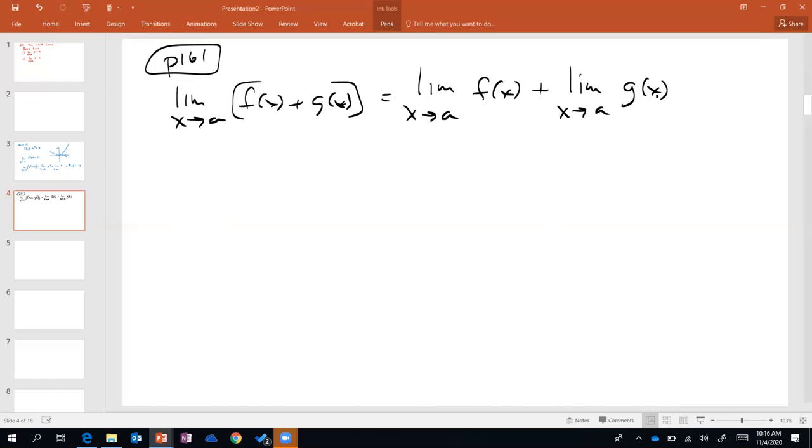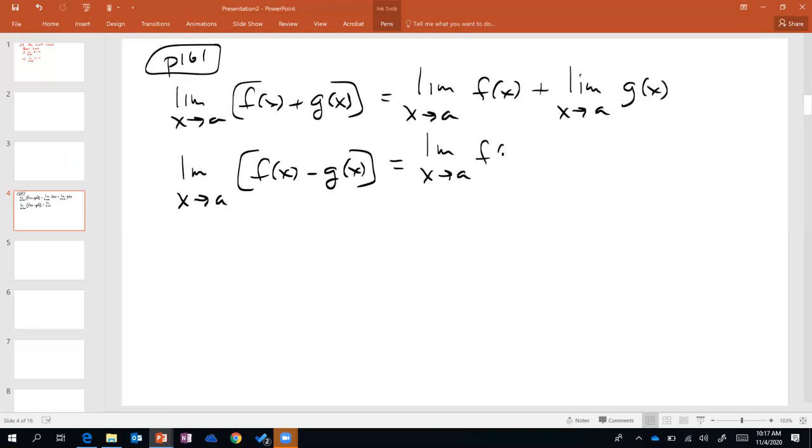That should be a g. Addition. Subtraction. Yeah, you can combine them, absolutely.